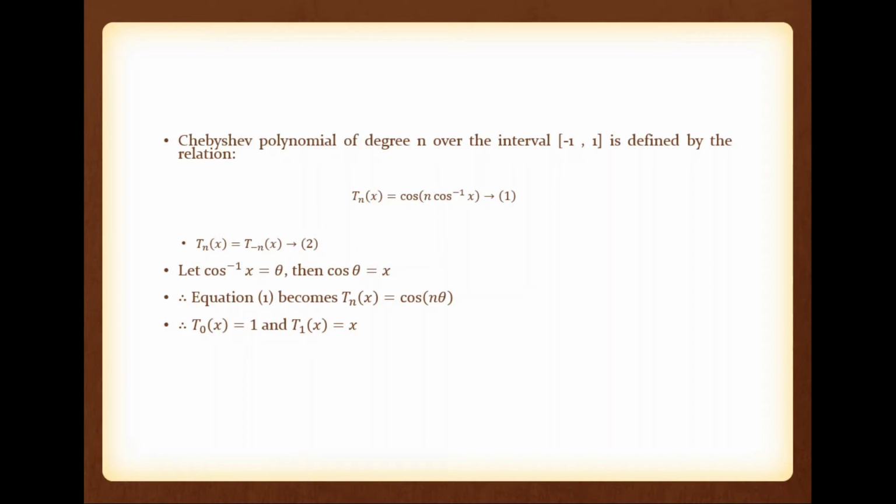So we can use the equation, using trigonometry, cos of n minus 1 theta plus cos of n plus 1 theta is equal to 2 cos n theta cos theta. Is it correct?